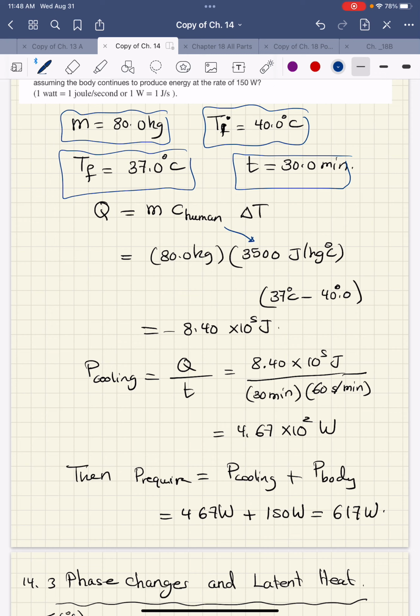Therefore, the body should lose this amount of heat, 8.40 times 10 to the 5 joules. To calculate the rate of heat transfer, I take Q over t, converting 30 minutes into seconds, which gives the rate of losing heat. Finally, the total rate is the power for the cooling and the power of the body added together, to give 617.